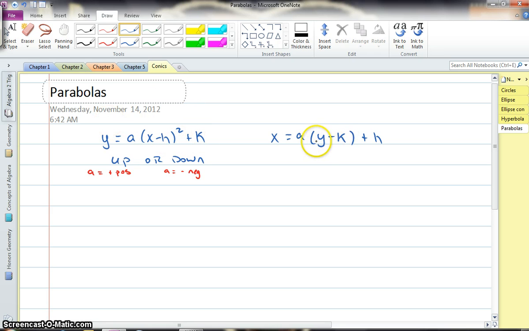Here, k is attached to y. H is with x. Alright, so this indicates that my parabola is going to open left or right. So when a is negative, it's going to open to the left, and when a is positive, it's going to open to the right. Oh, I forgot my little squared sign.